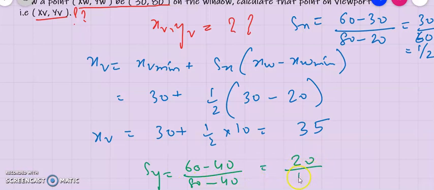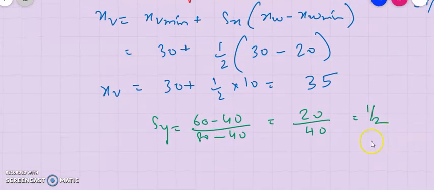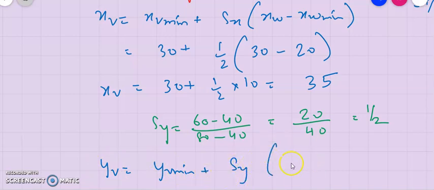So this becomes 20 upon 40, that's again 1 by 2. So YV is equal to YV minimum plus SY into YW minus YW minimum, right?